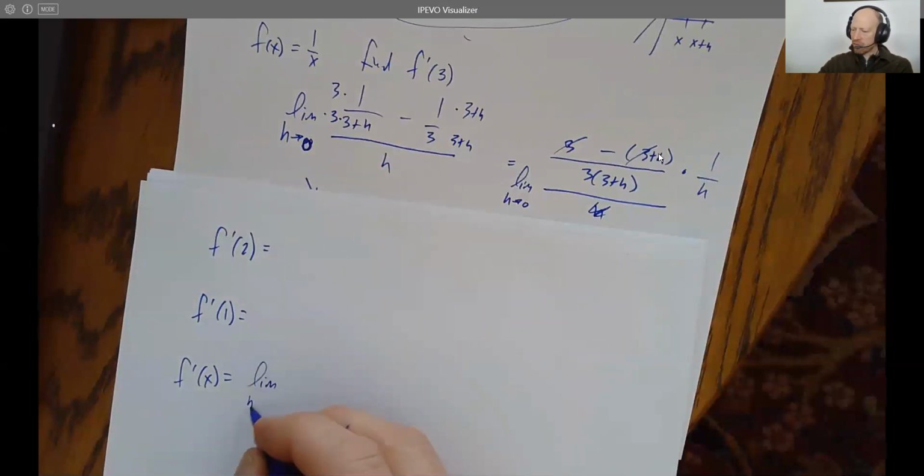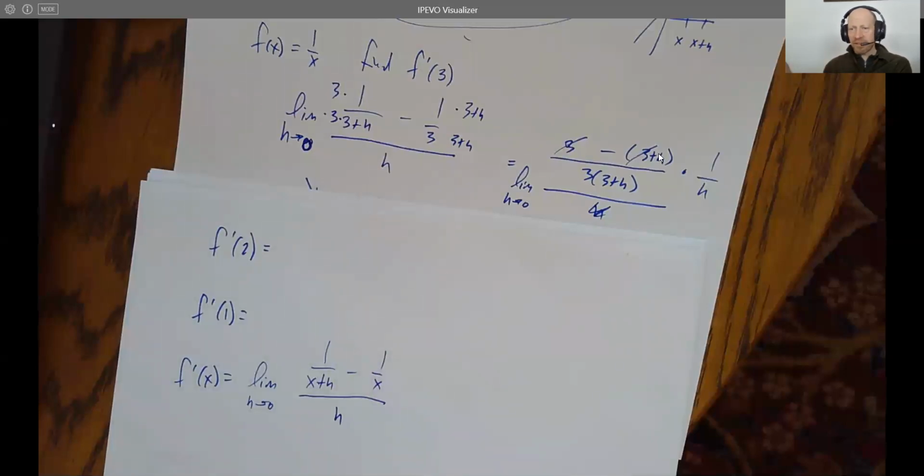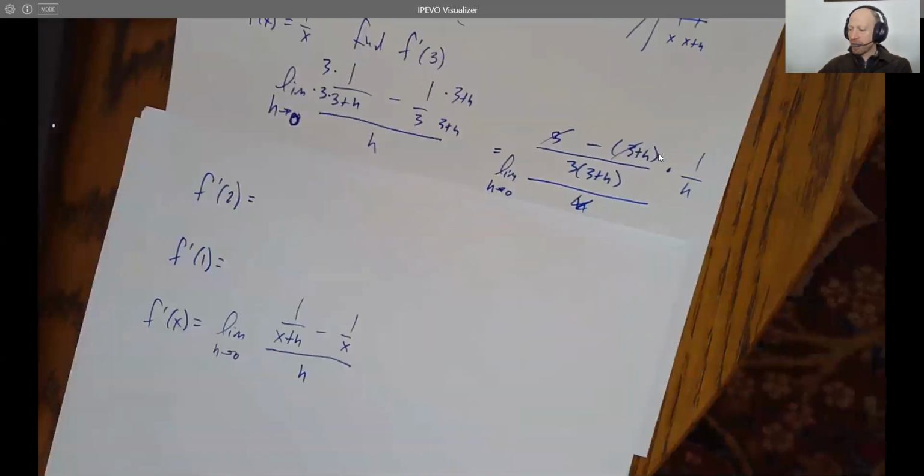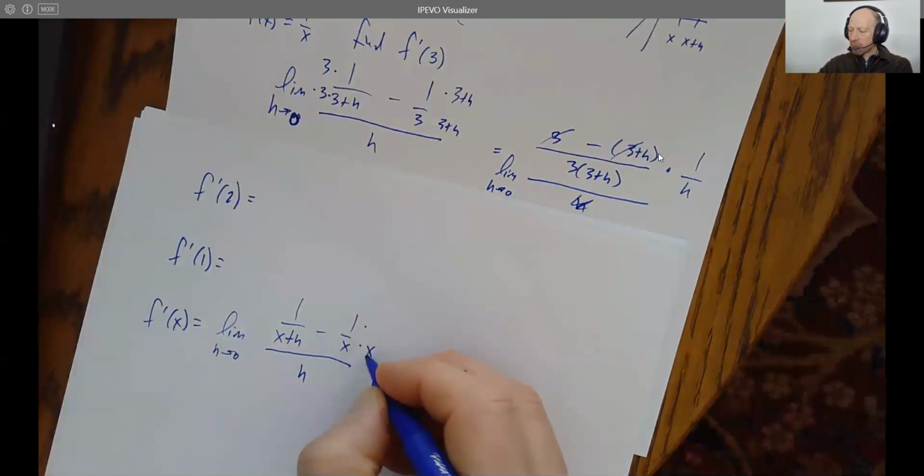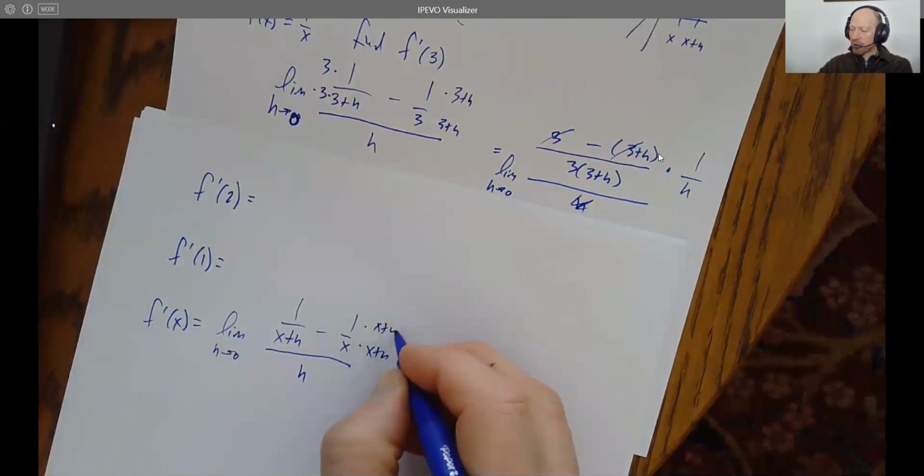Take the limit as h goes to 0 of 1 over x plus h minus 1 over x, all over h. So I'm basically doing exactly the same work. I just have a dummy variable here, this x, rather than a specific value like 3 or 2 or 1 or negative 1/3 or whatever other value I might have. So just like before, I'm going to use common denominators.